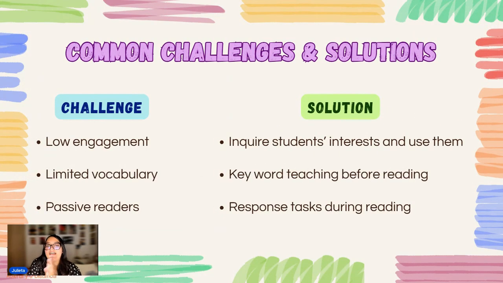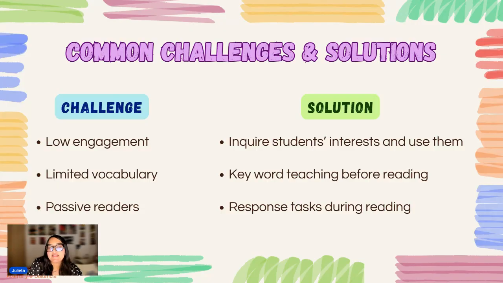Now here we have three common challenges and their solutions. A very hopeful solution for low engagement. Well, low engagement can be seen through all areas of knowledge, but specifically during this skill, we can really inquire what our students' interests are and really use them for them to develop this skill in an engaged way.